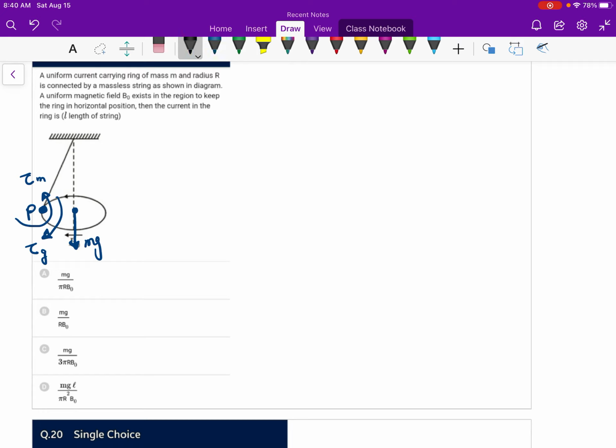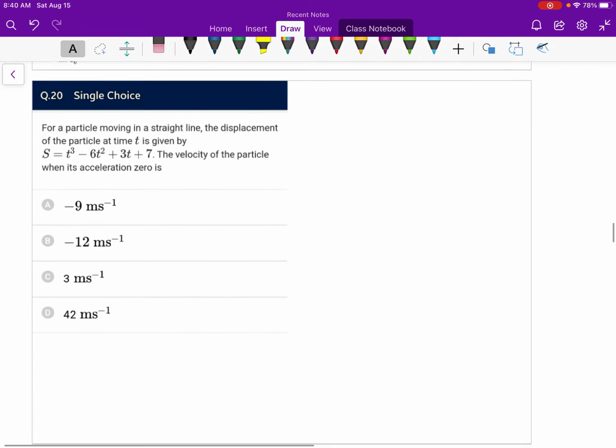So torque of mg is mg into r by 2, and torque of magnetic field is number of turns, which is 1, into current into area into magnetic field. So we need current, so current is mg upon pi r B naught. So A is the correct option.